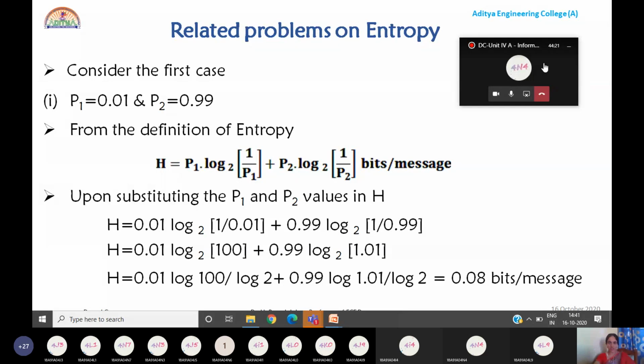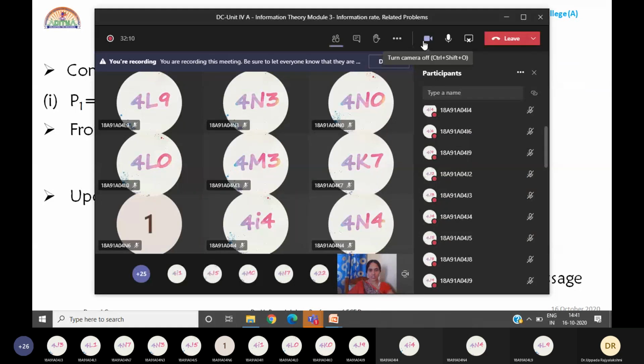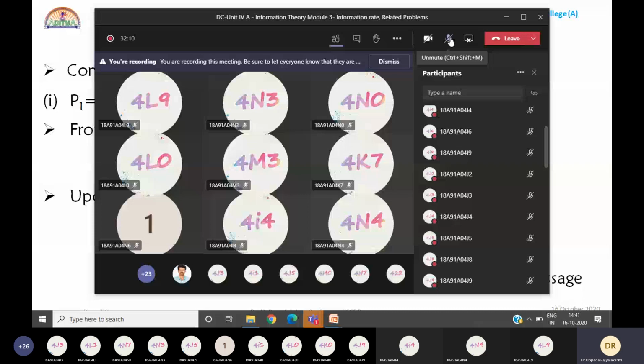I request one of the students to please solve this problem. Tell me the answer, anyone of you.